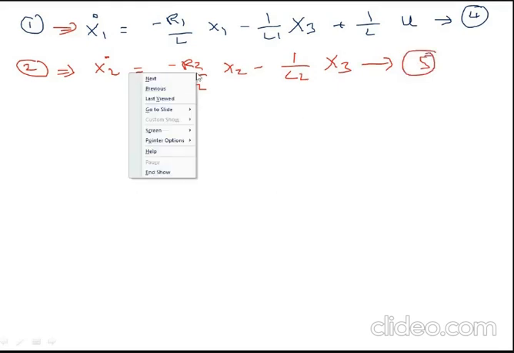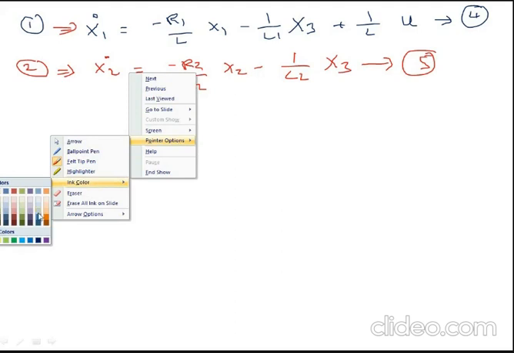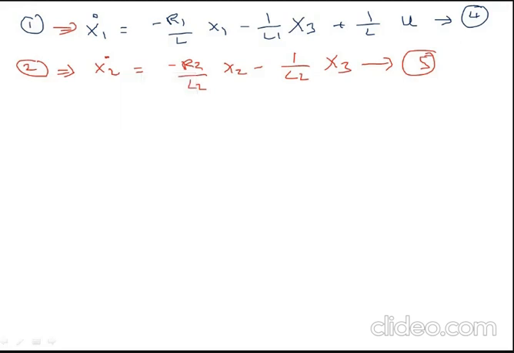Now in the same way, what about the third equation? Your third equation implies x3 dot will be equal to 1 by C into x1 minus 1 by C into x2. This is equation 6.